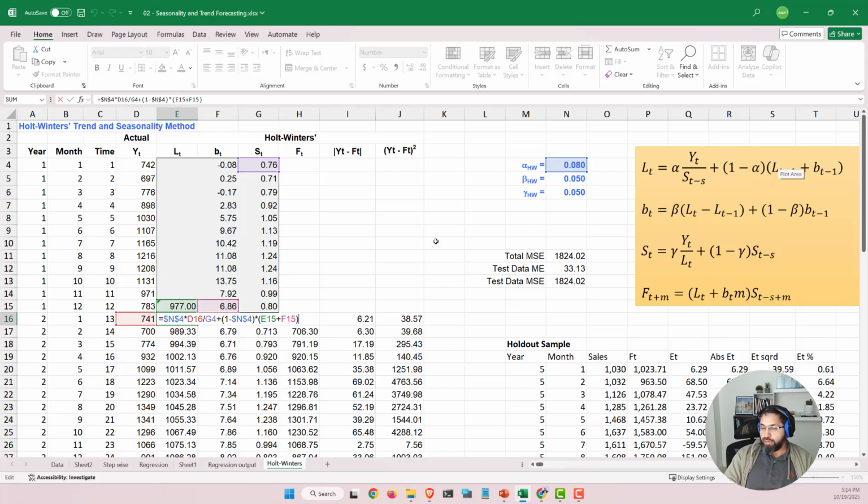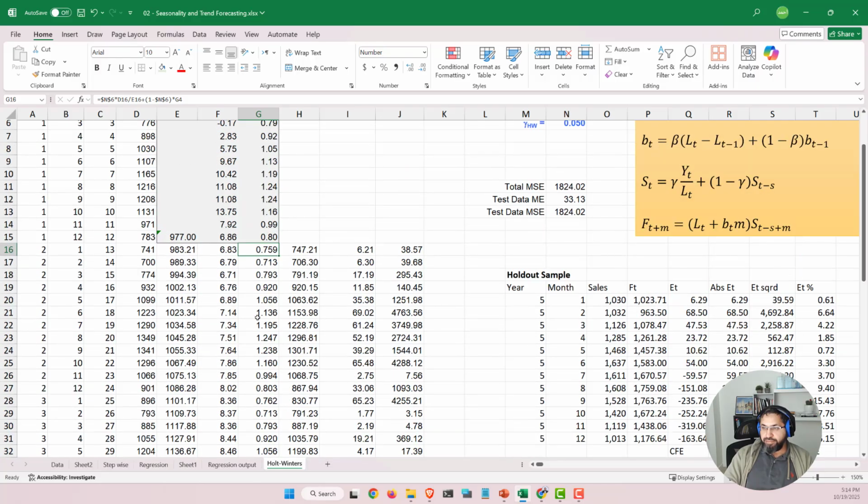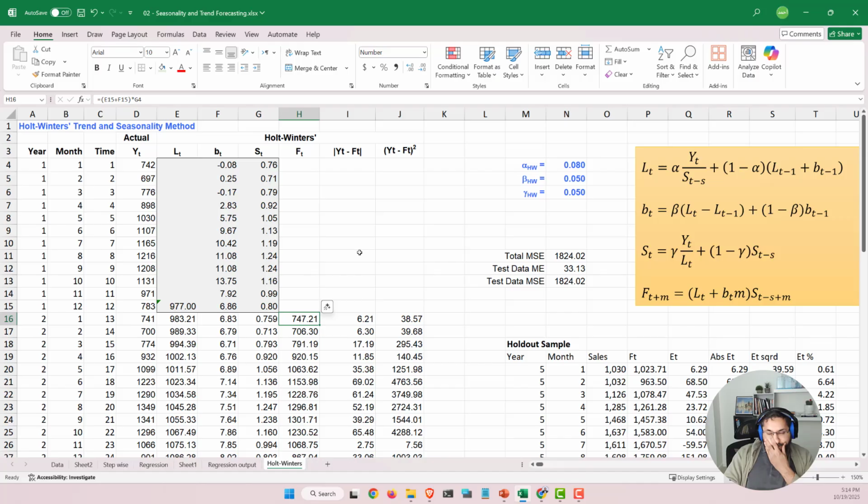I put in these equations to project the level, the trend, and the seasonality forward. Then from year 2, I can start calculating the absolute error and the squared error.